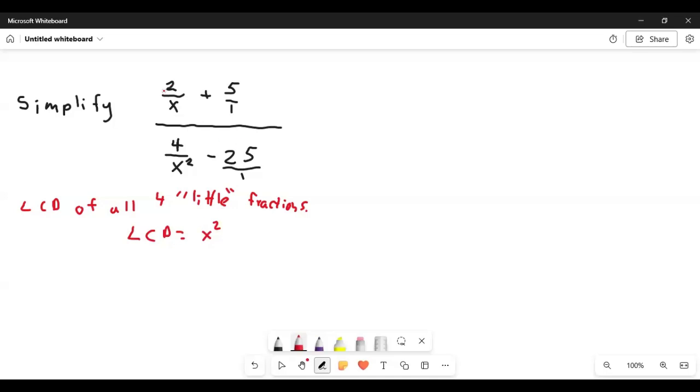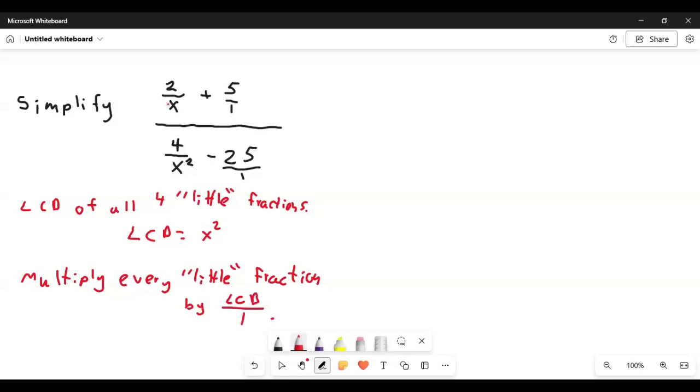Now we want to multiply every little fraction by the LCD over 1. So the first fraction gets multiplied by x squared over 1.